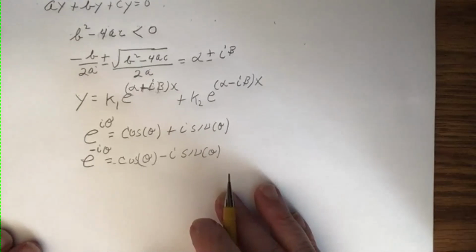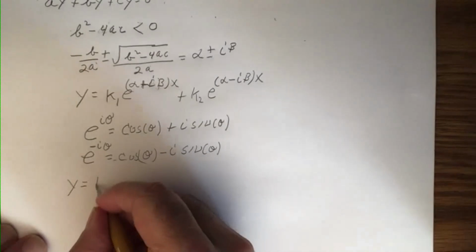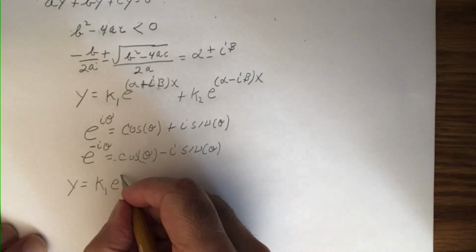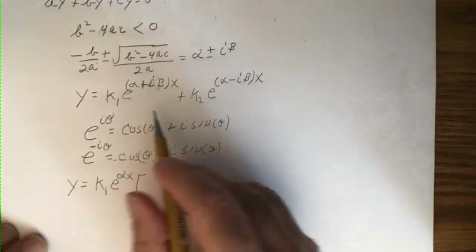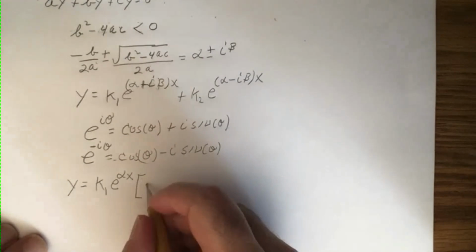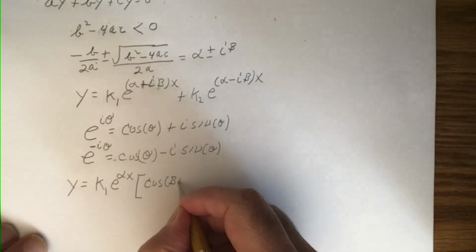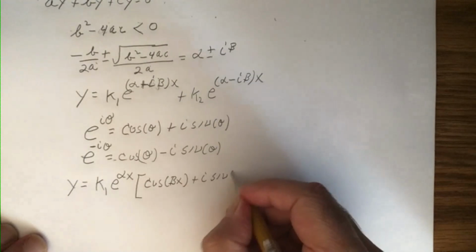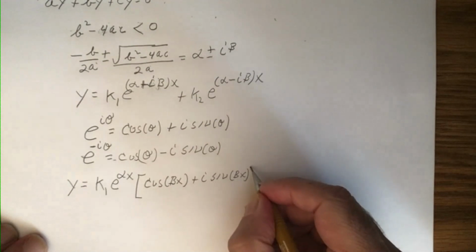Okay. So let me know if I go off the page. I can write this as y is equal to k1 e to the alpha x, and then I'm going to write this here as cosine of beta x plus I sine of beta x.